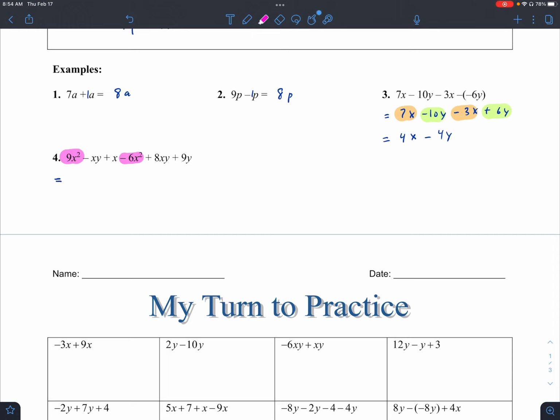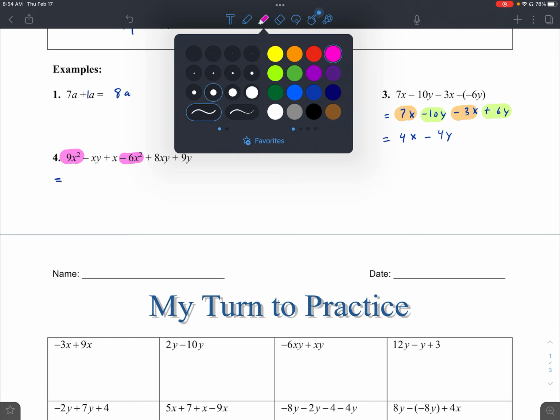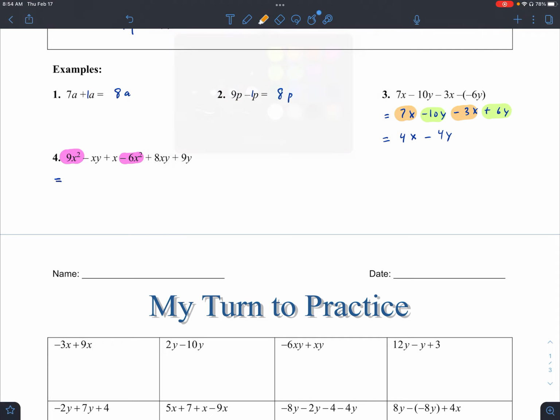Do we have any other like terms? We do. We also have negative xy and positive xy, which are also like terms. Now remember, there is a 1 that's just not written, but there is a 1 in front of the xy. So it's negative 1 xy. We also have plus xy.